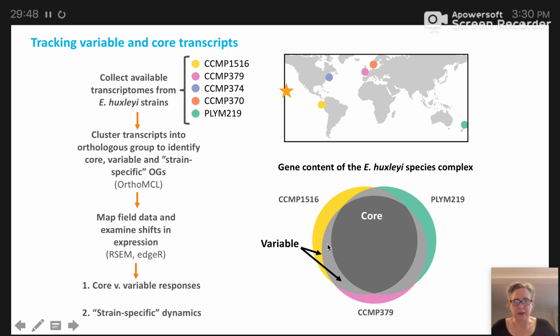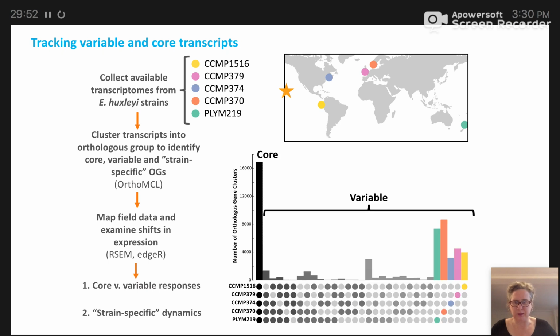And the distribution of those genes looks like this, where you have the number of orthologous groups here on the y-axis, and you can see that there are a number that are core here, and then there are a number that are variable, meaning they're only found in one or more strains, not in all strains.